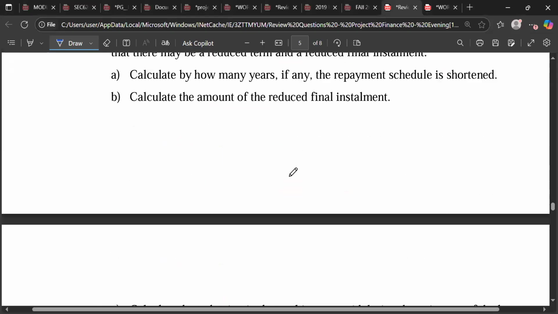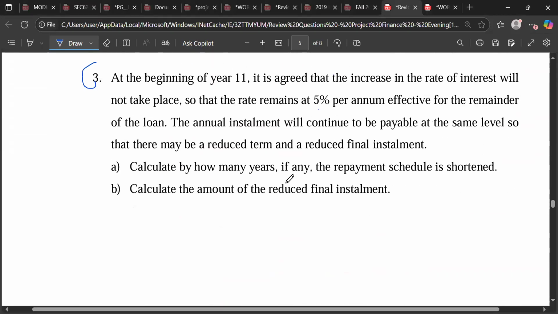What we're trying to look for here is the term by which the loan is shortened. Naturally, in the exam, they won't actually compute this one, because you cannot actually find the shortened term using manual methods.